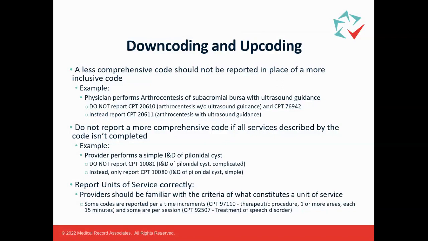So you would not report 20610, which is arthrocentesis without ultrasound guidance, and CPT code 76942, which is your ultrasound guidance code. Instead, there is a CPT code that includes both of those services, 20611. So you would not report the less comprehensive code separately. You would report that bundled code that has the arthrocentesis and the ultrasound guidance together.